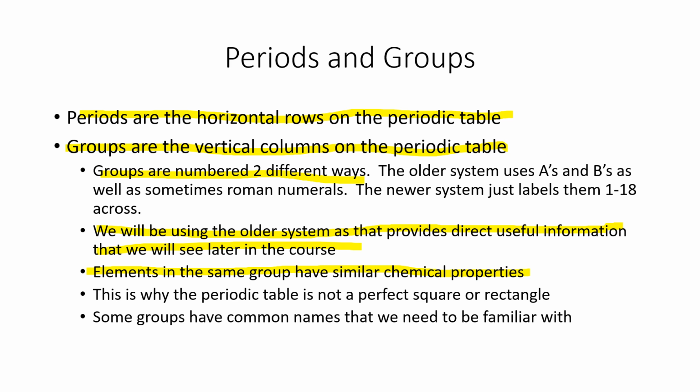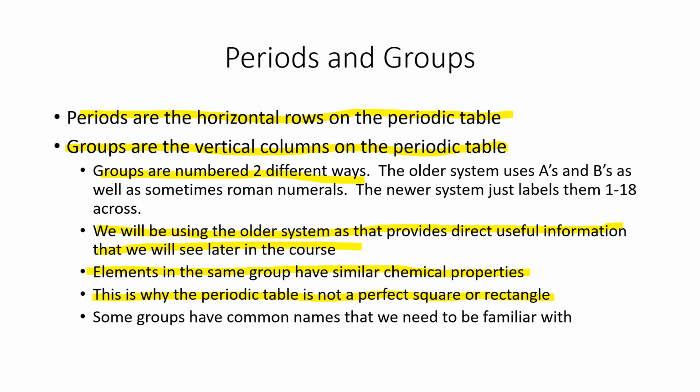But when you look at everything oxygen and sulfur do, despite those differences, they are far more similar than they are different, even though those differences are important. So that's why the periodic table is not a perfect square or a perfect rectangle. It's arranged such that you can show these relationships between the elements in these vertical groups.